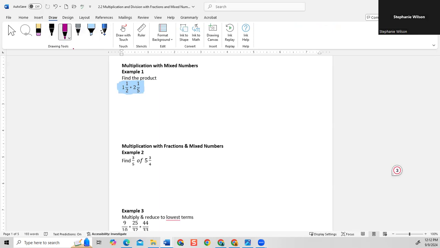If it's an improper fraction, the larger number will be on top of the smaller number. So it's improper. If it's a small number on top and a larger number on bottom, then that's proper.